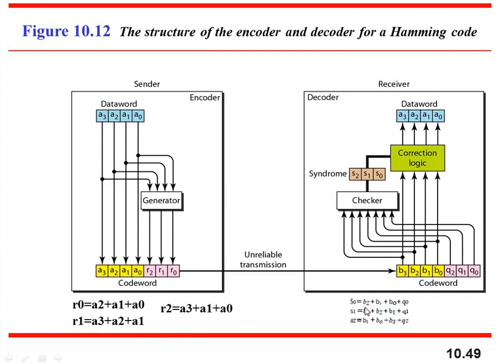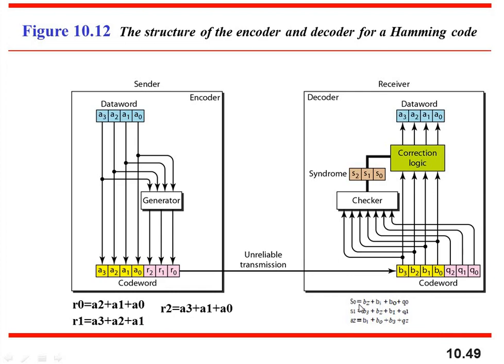So whenever you are adding it, the syndrome S0, S1 and S2 depends upon Q0, Q1 and Q2. So Q0 is added to S0, Q1 is added to S1 and Q2 is added to S2. Now you can see that A2, A1 and A0 is the combination with R0.